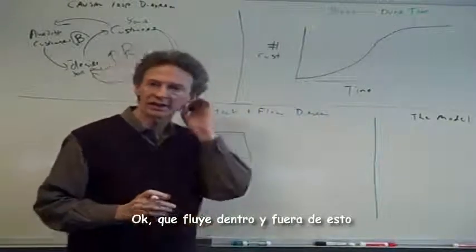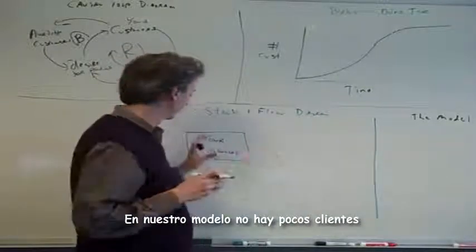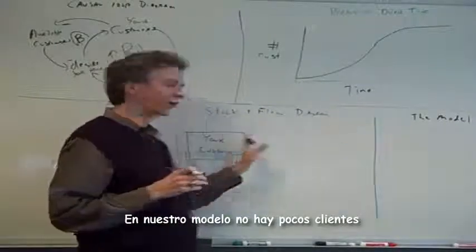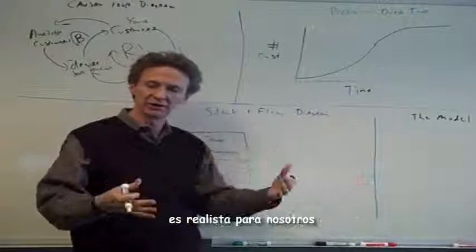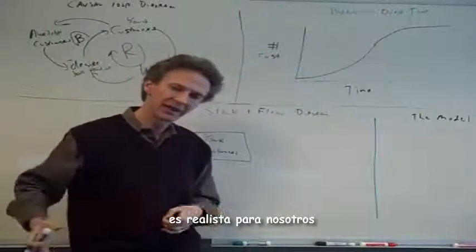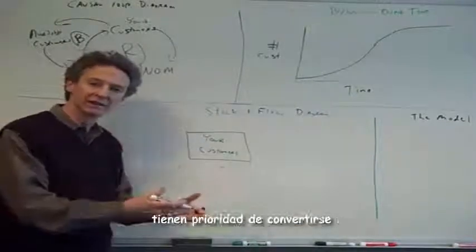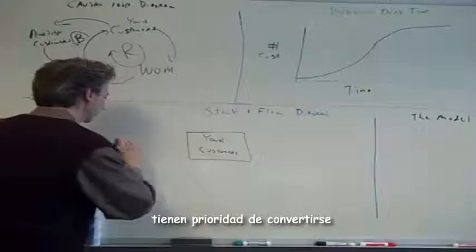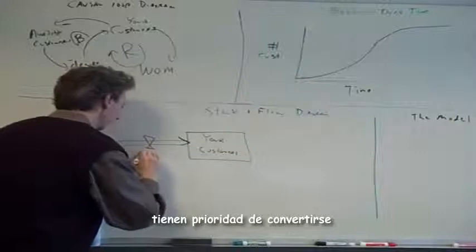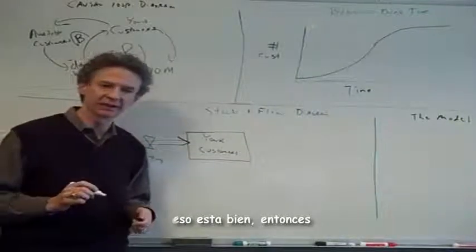Okay? Now let's talk about the flows in and out of that stock. So in our model here, no customers leave you. So there's no flow out of the stock, which isn't realistic, but we'll do it for our simplified model. And then the flow into the stock is basically what? It's people buying your product, becoming your customer. So we will call that buying, okay?